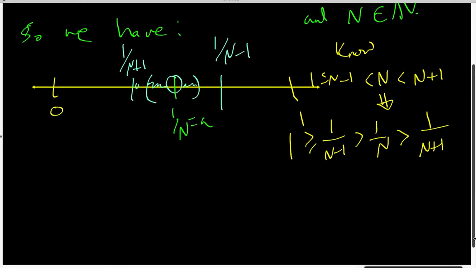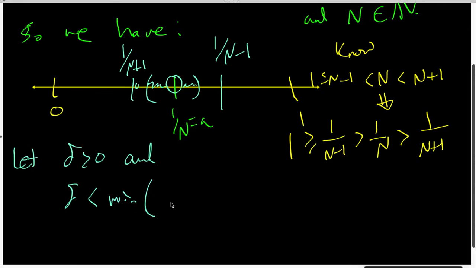Now, to rigorously prove this, I want to let delta be bigger than 0, and I want delta to be less than the minimum distance between A and these other two fractions.